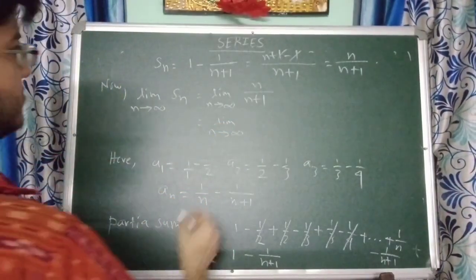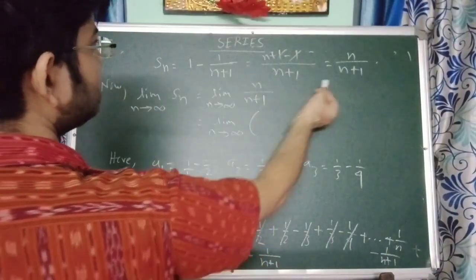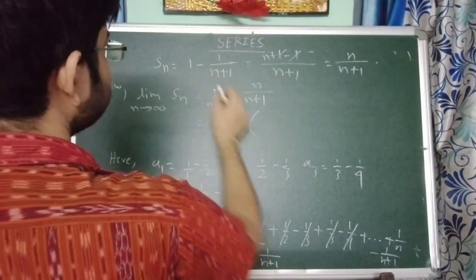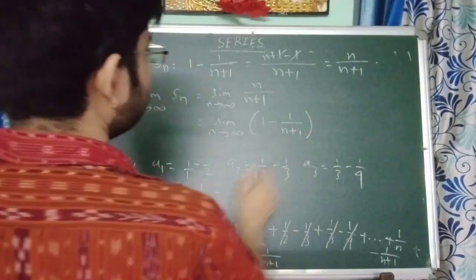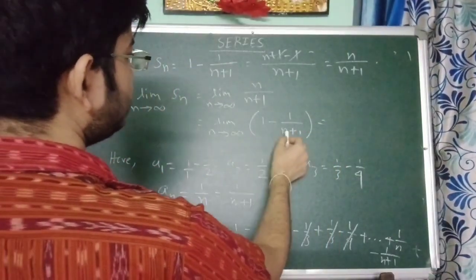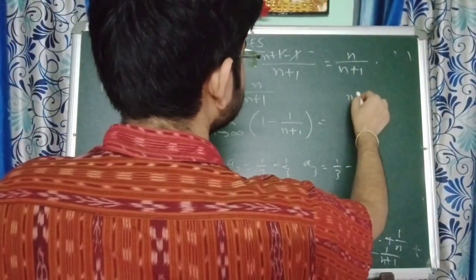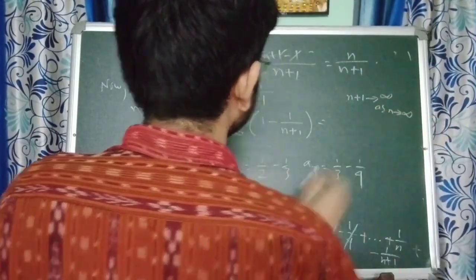For easiness, we write this expression in this format: 1 minus 1 by n plus 1. While n tends to infinity, n plus 1 also goes to infinity.